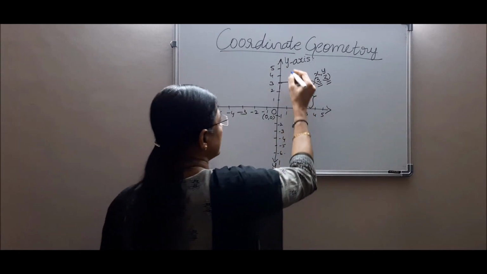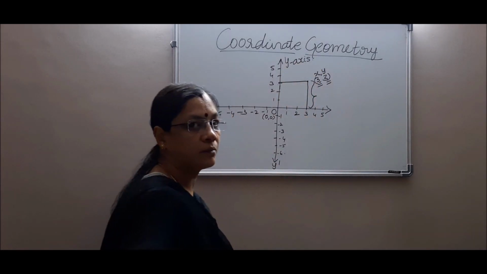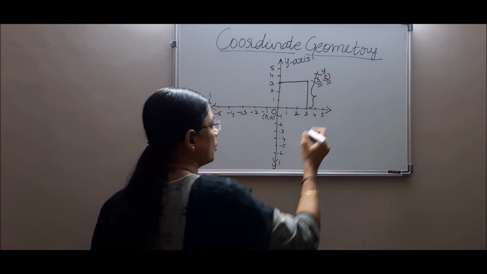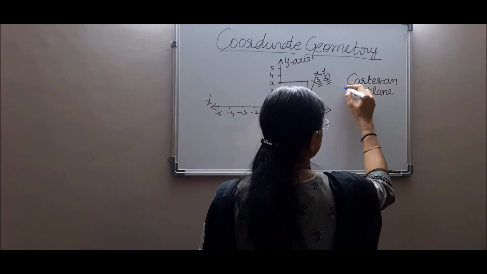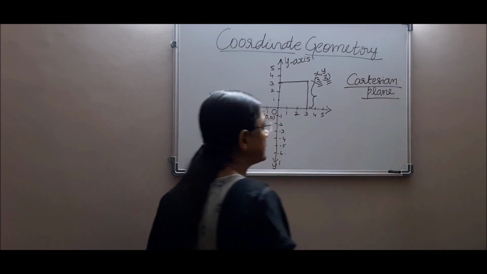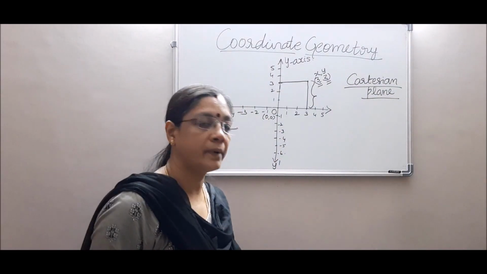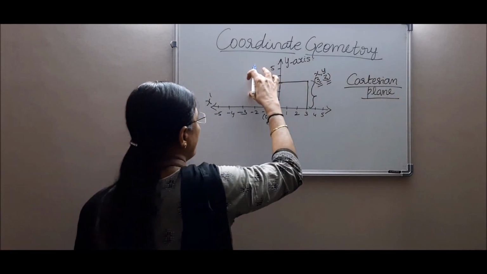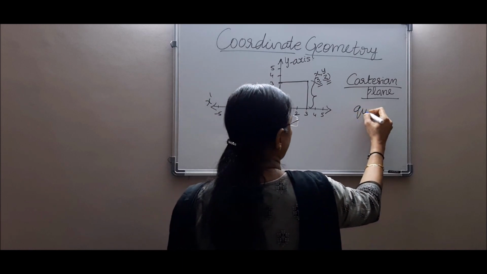Now if you observe this part of the Cartesian system of coordinates, or this is called the Cartesian plane. So in honor of the scientist Rene Descartes, it is known as the Cartesian system of coordinates, and the plane is called the Cartesian plane, which is divided into 4 quadrants. They are called quadrants.